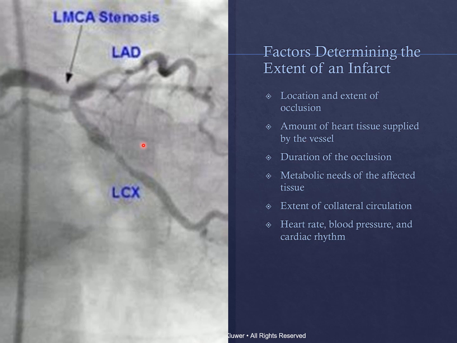So this is an angiographic picture of some stenosis. This person has some pretty severe multi-vessel disease. So this is the left main artery. You can see a significant stenosis there. You can also see in the left anterior descending, there's multiple areas of stenosis. In the circumflex, there's some stenosis.